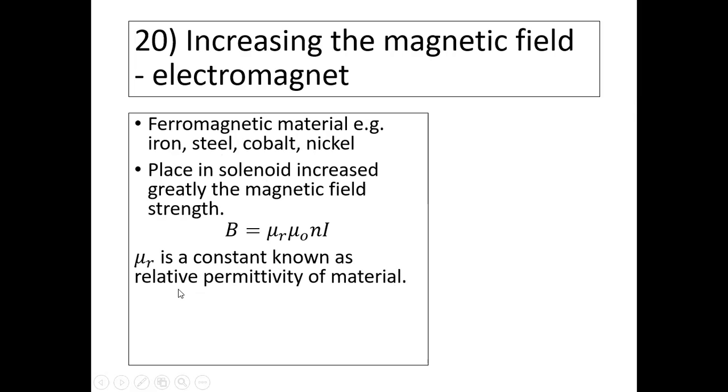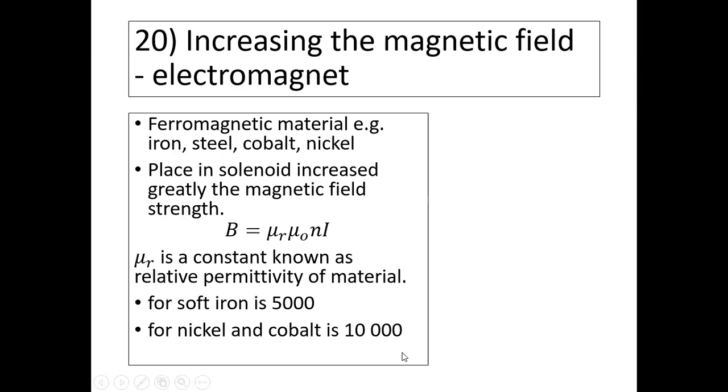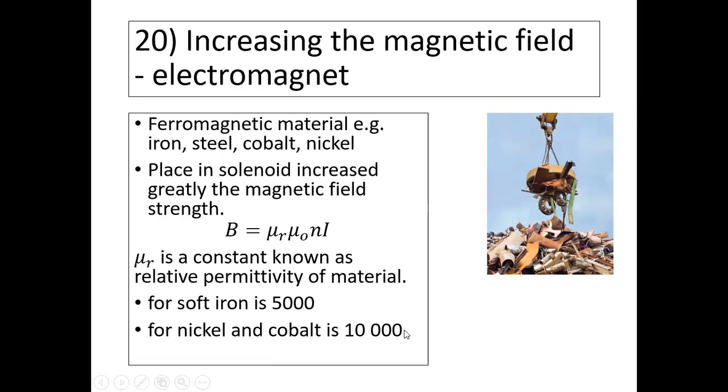It's a constant known as the relative permeability of the material. The syllabus doesn't mention anything about that, so maybe this is extra. For iron, you can see the increase is about 5,000 times. It's in your book. Nickel and cobalt is about 10,000 times. That's why we use electromagnets. They can separate the ferromagnetic material from the non-ferromagnetic material.